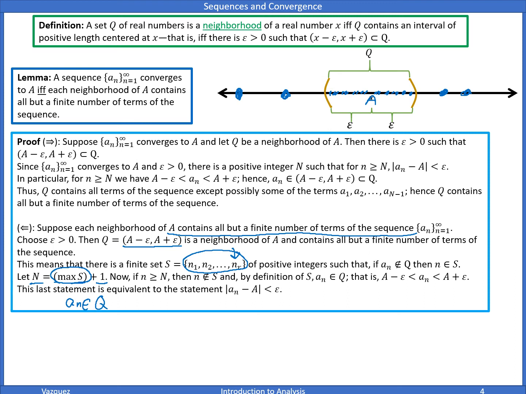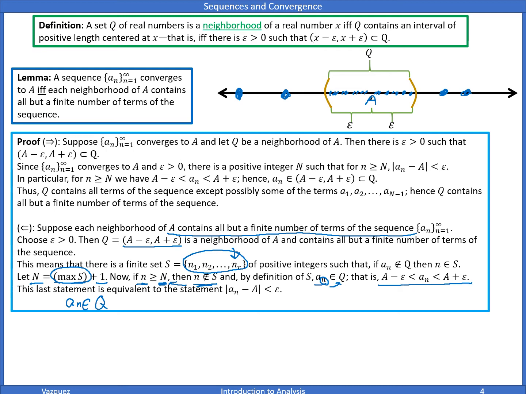So it tells us here, if little n is greater than or equal to big N, then n can't be in S, because of what we let big N be, which is the max of S plus 1. So by definition, after that N, we should be in the epsilon neighborhood, which is what we're saying here.